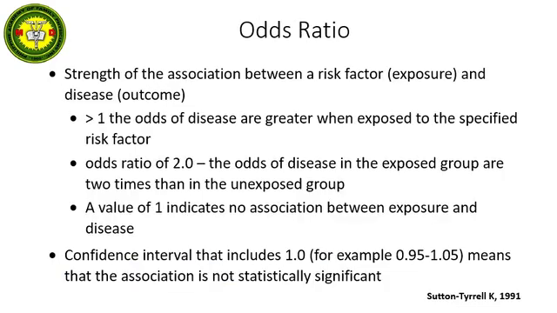All right, so for the interpretation of the odds ratio: if the odds ratio is 2 or more, then the odds of developing the disease, if you have the exposure or risk factor, is higher. If it is less than 1, then the odds of developing the disease is lower. And if it is 1, then there is no association.